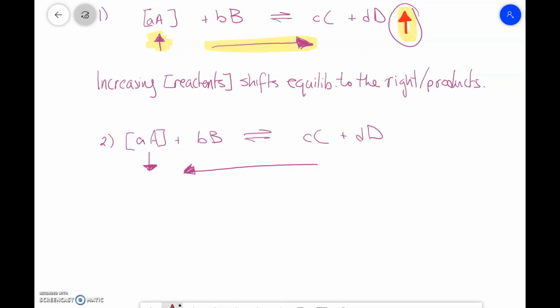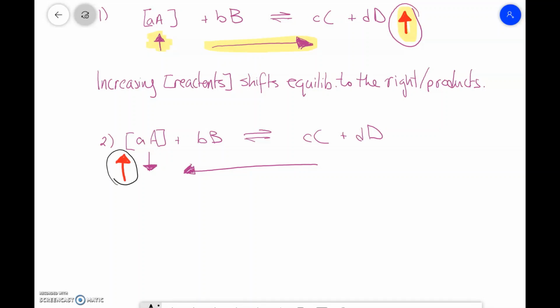So you'll see that the equilibrium shift will cause the reactants to increase. Even though they were initially decreasing, as soon as the equilibrium shifts towards the reactants, it's going to cause the reactants to increase once again.